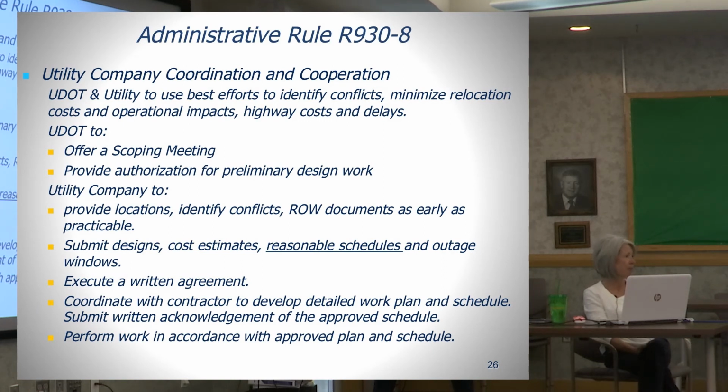That may be clearing and grubbing needs to be done, or the right-of-way needs to be acquired, or whatever other requirements there are. And I think this is a little bit more detailed than we've typically asked utility companies to provide. But there's a purpose to that.